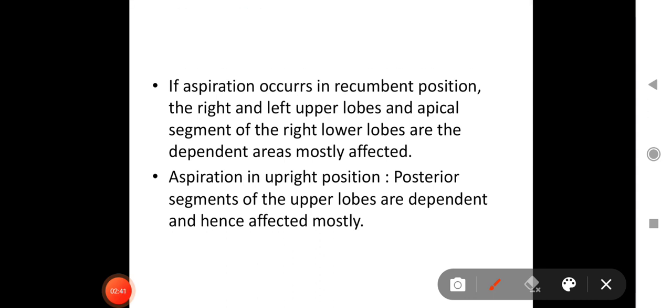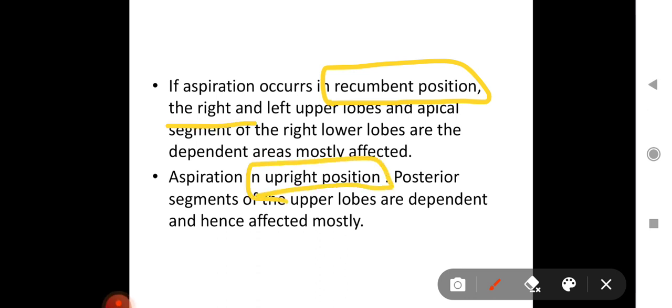Now, this is an important point: if aspiration occurs in recumbent position, and what happens if aspiration occurs in upright position? In recumbent position, mostly the right and left upper lobes and the apical segment of the right lower lobe are involved, because these are the dependent areas during recumbent position. And in aspiration in upright position, the dependent areas are different, so the posterior segments of the lower lobes are usually involved.